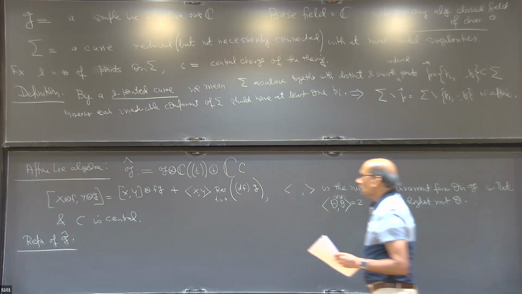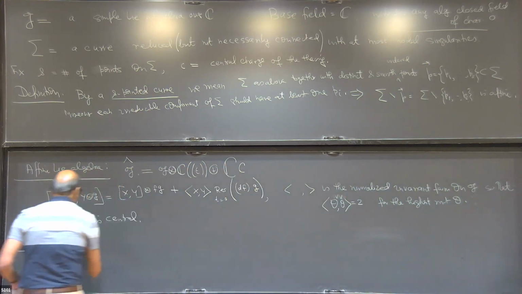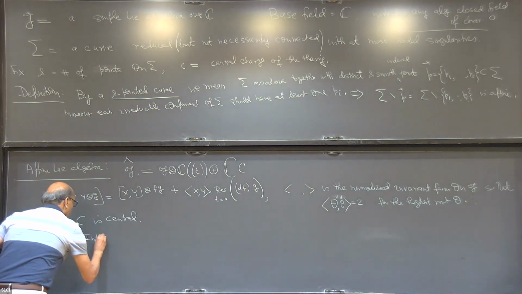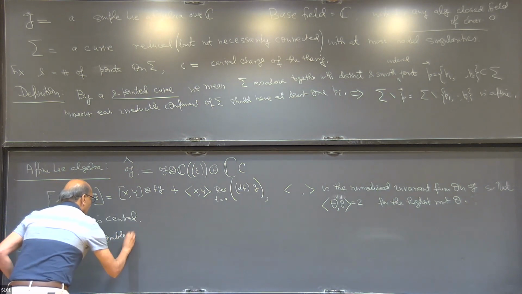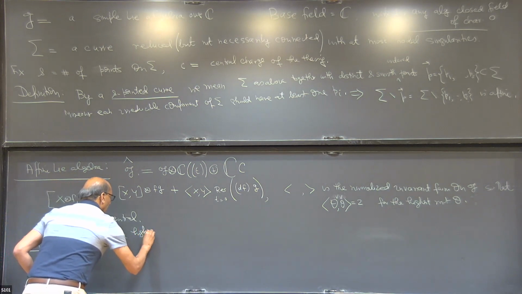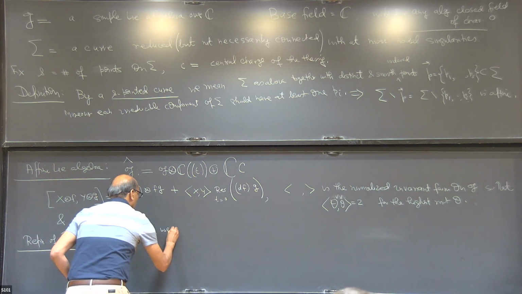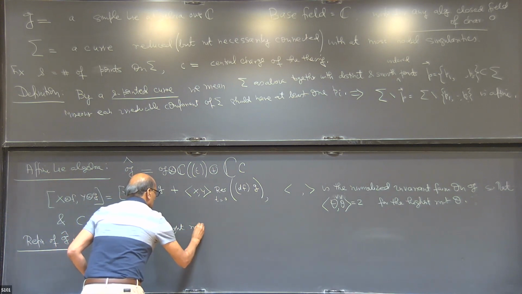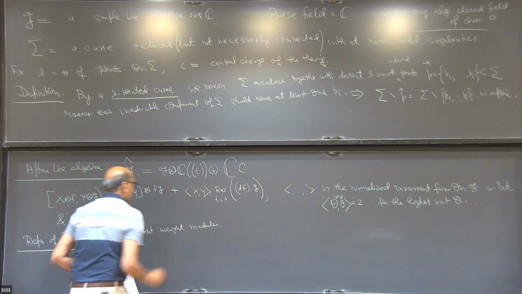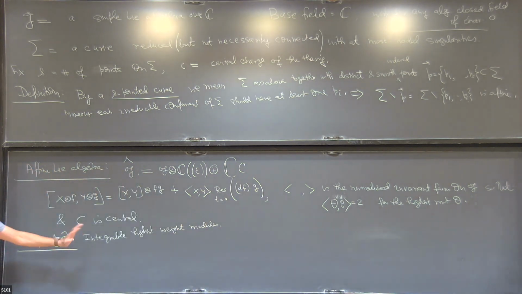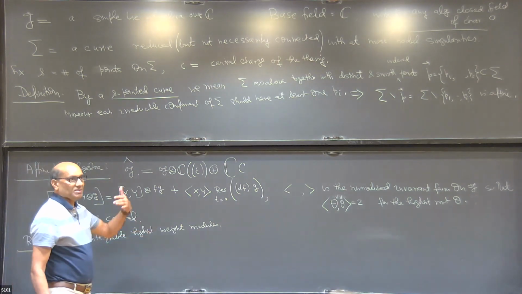So, representations of G hat. We will be interested in integrable highest weight modules. I'm sure you all know these words, but in case you do not, I'm going to explain this next time.